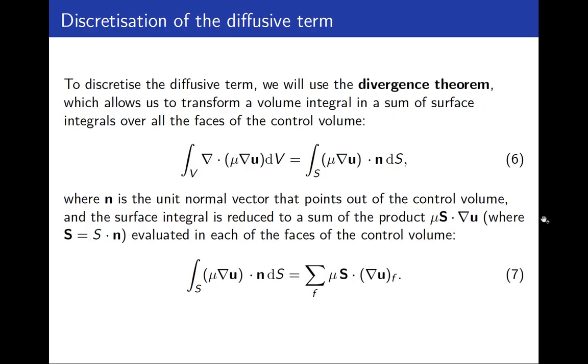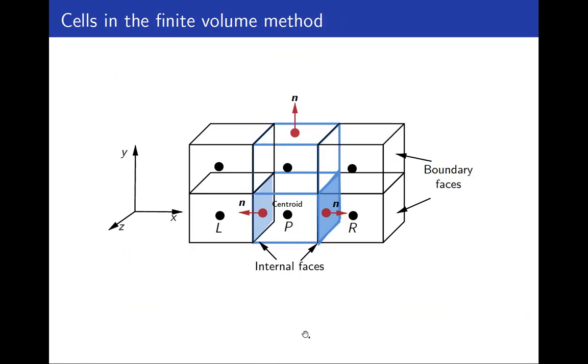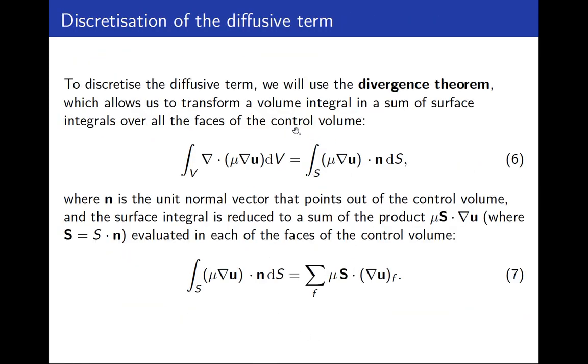Now, to discretize the diffusive term, which is the term that appears here, we will use the divergence or the Gauss theorem, which allows us to transform a volume integral like this one into a surface integral over all the faces of the control volume. So this quantity is the diffusive flux of momentum, and a flux can also be seen as a force per unit of area.